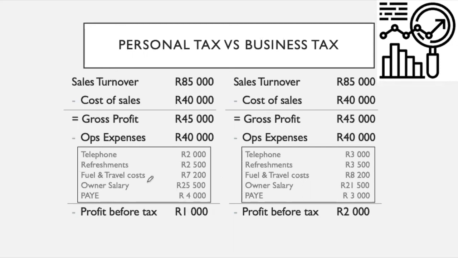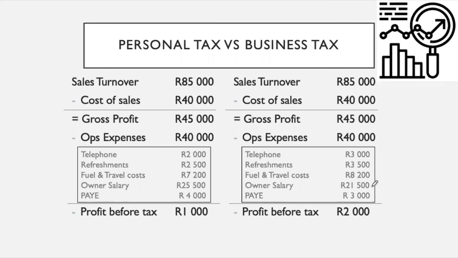The owner of this business is paying personal tax, PAYE, on 25,500 Rand. What one can do in your business is actually reduce your own salary by allocating expenditure that you incur from your own salary into your business.